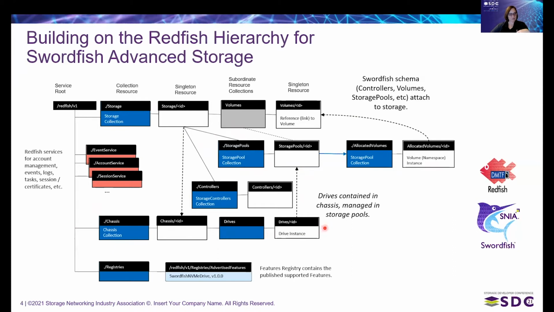In addition, Swordfish adds the /registries interface specifically for the notion of adding a features registry. The features registry is a way for implementations to advertise the capabilities that they support in a very coarse-grained fashion for the clients to easily parse.